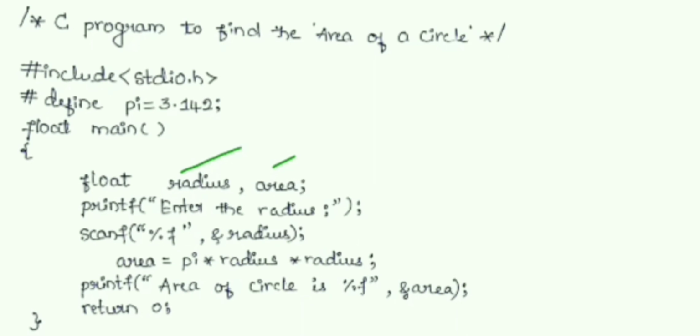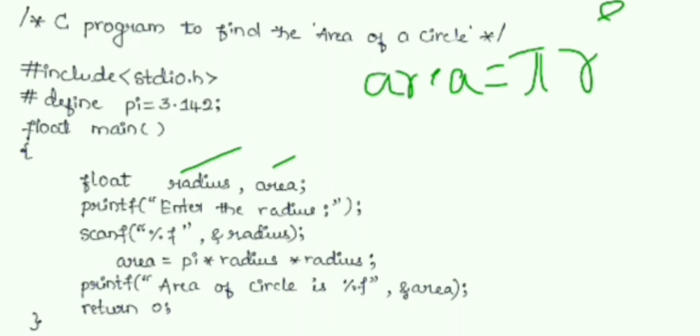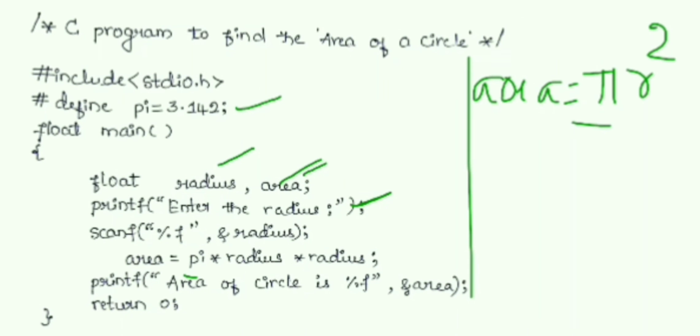What is the formula to find the area of a circle here? To find the area of a circle, the formula is area equals pi r square. So the pi value is already assigned here, and r is the radius of the circle, that you have to read from the user. Suppose you are giving radius value 1.5.